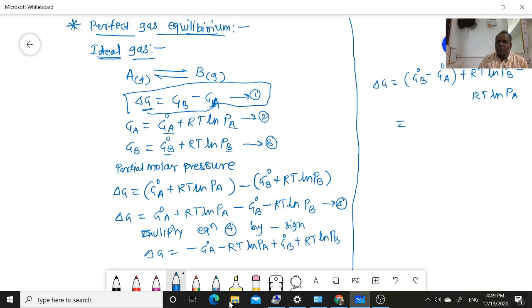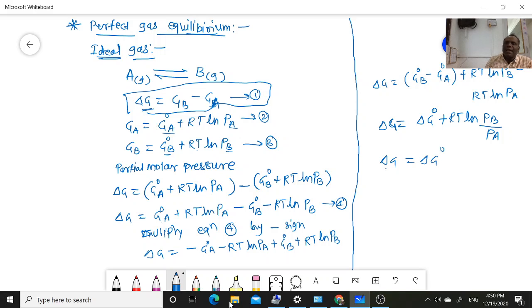So that comes out to be delta G is equal to delta G0, the delta G in the standard state, plus RT ln Pb divided by Pa.